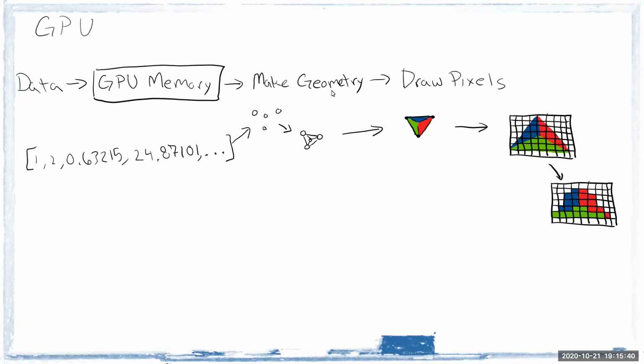What happens in the GPU is we send the data to GPU memory. We just store it there. And then we set up some of the configuration on the GPU so that it knows how to do the different steps. It's normally like a state machine.